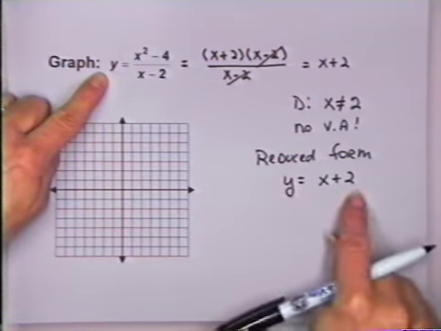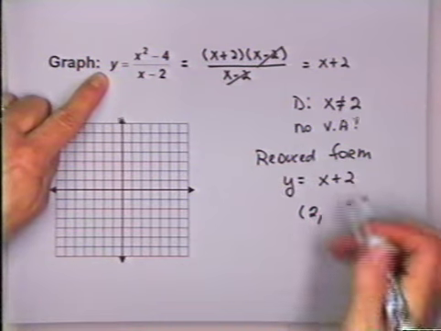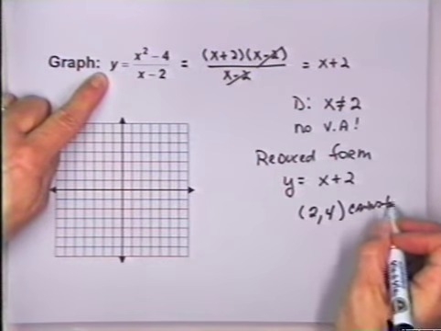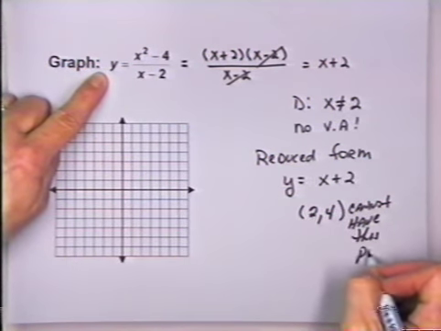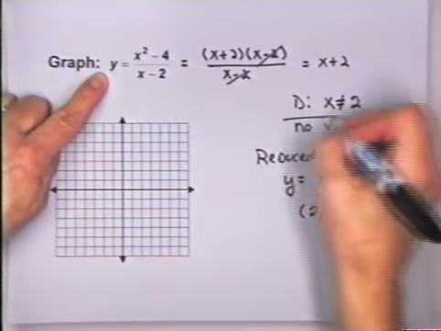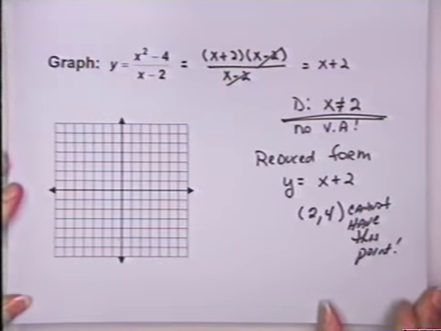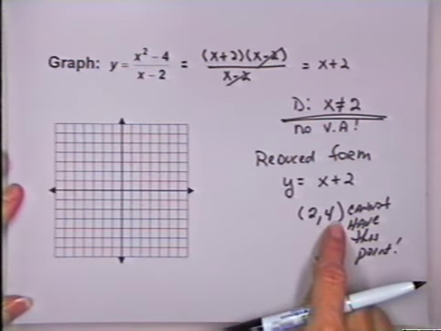Well, let's notice in this function right here, if x is 2, 2 plus 2 is 4. We cannot have this point. Why can't we have this point? Because x can't be 2 in our original function. So basically all that does is we're going to graph this line, but we're going to eliminate this point.